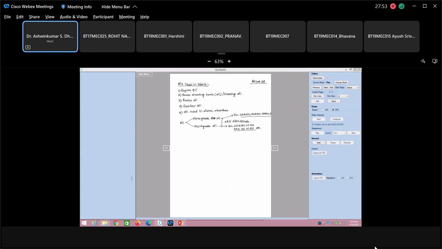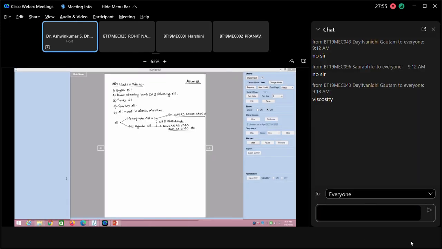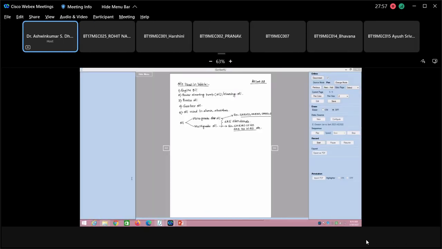For the same temperature, viscosity increases as we increase the SAE number. Okay, viscosity. What do you mean by viscosity of oil? You have marked the question mark.